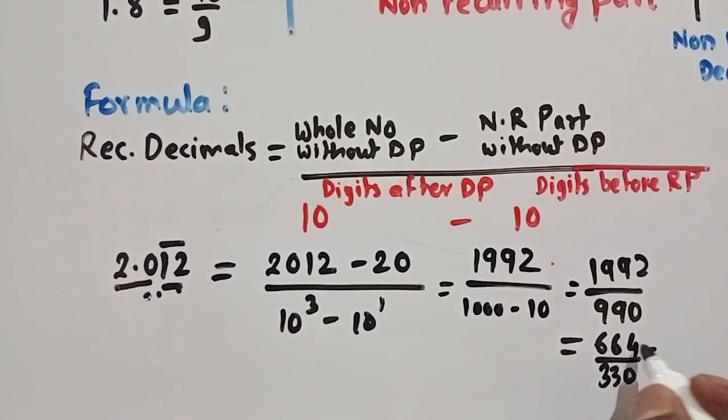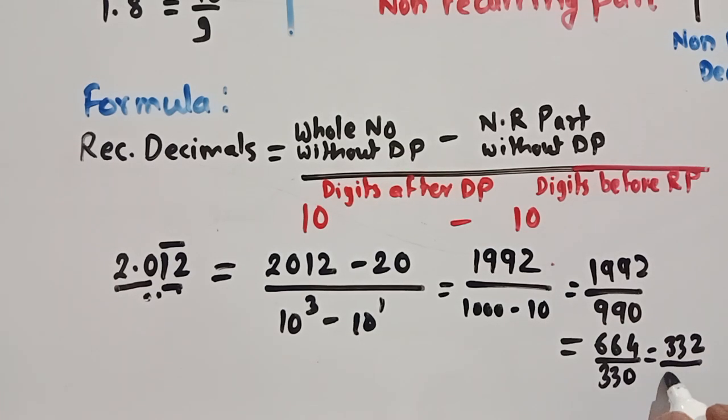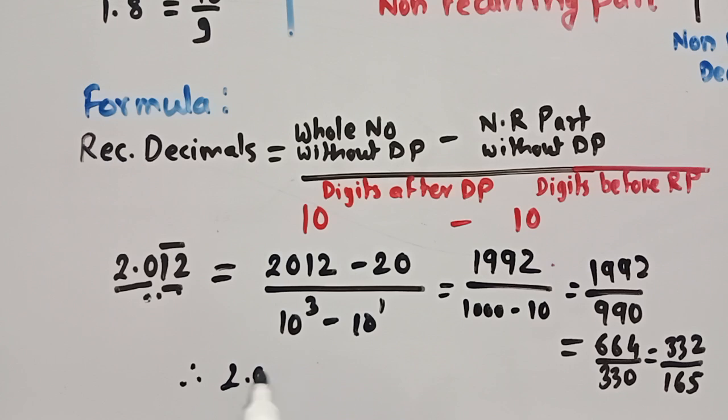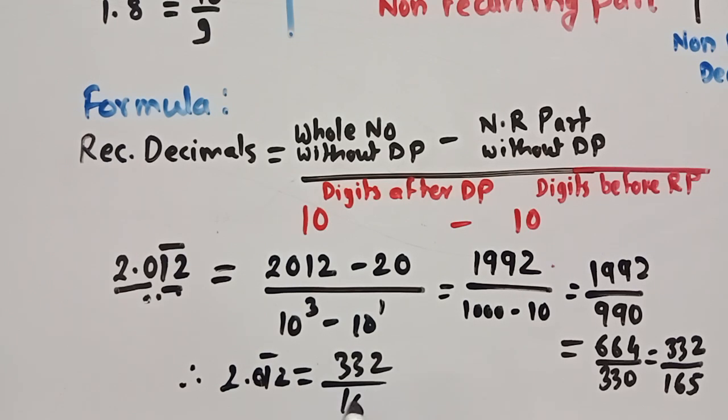Again, if you further simplify this by 2, you'll get 332 upon 165. So in this way, the final answer is 2.012 bar equals 332 upon 165.